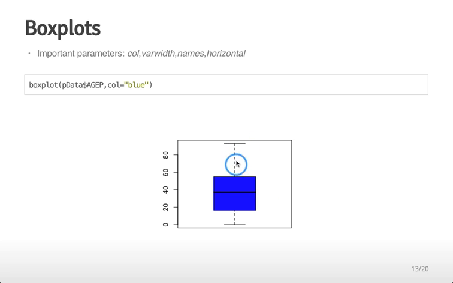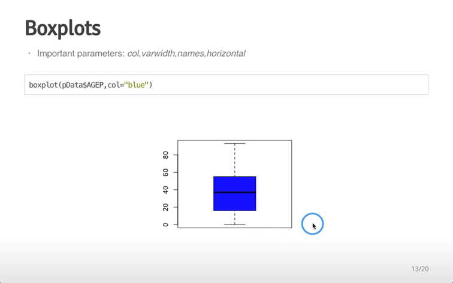And then what you see are some whiskers. These are called whiskers. And then up at the top, it's the value that's 1.5 times the 75th percentile. And here it's the 25th percentile, 1.5 times lower. And if there were actually values that were either larger or smaller than that, you would see those values as dots represented above and below the whiskers.